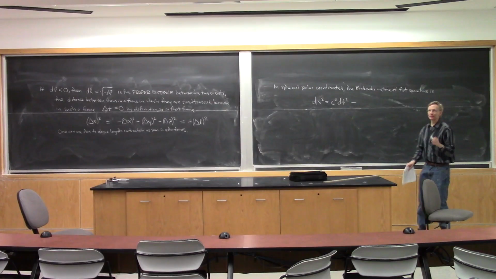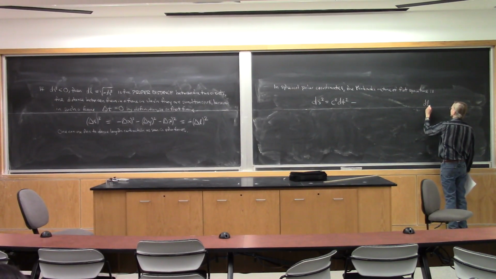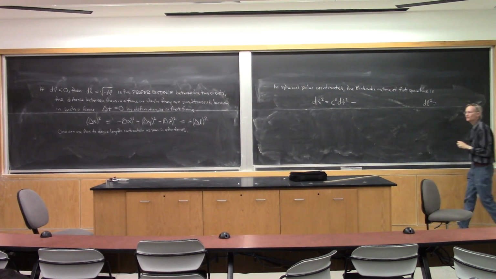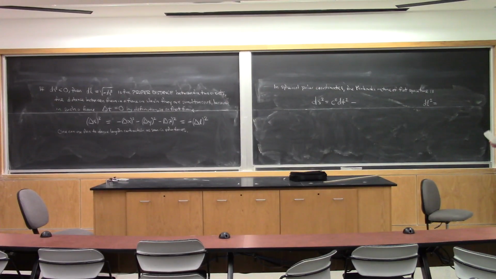Do you remember in spherical coordinates we said that the distance between 2 points, do you remember what the pieces are in that case? What's the dr piece look like? So I'm asking what's dl squared, the distance between 2 points in spherical coordinates, as opposed to Cartesian coordinates where it's just dx squared plus dy squared plus dz squared.